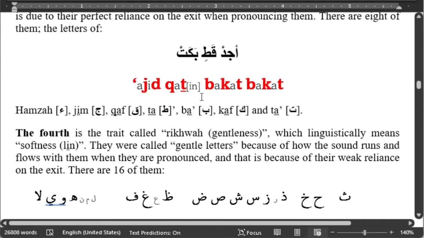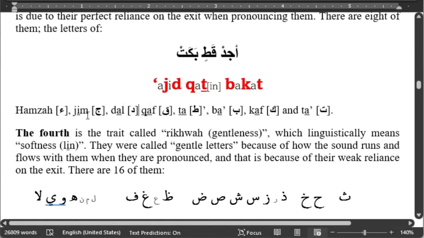Ajid Qatlim Bekat. Hamza, Jim, Dal, Qaf, Ta, Ba, Kaf, and Ta. So each one of these stops the sound altogether.